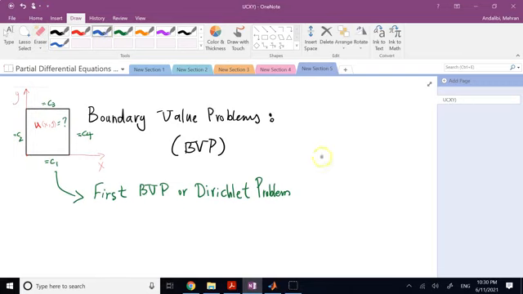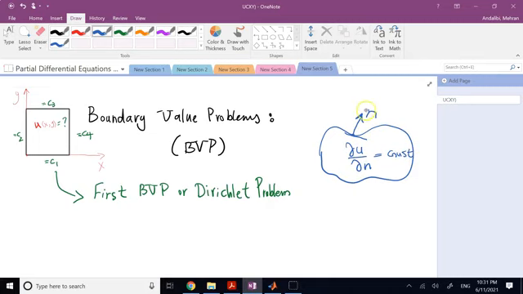So if this is an arbitrary boundary, and at any point you have this normal line, normal to the boundary, and the derivative of u with respect to that normal is set to some constant, which is basically in a temperature problem like heat flux, correct?